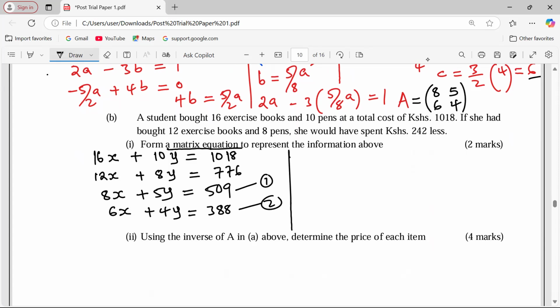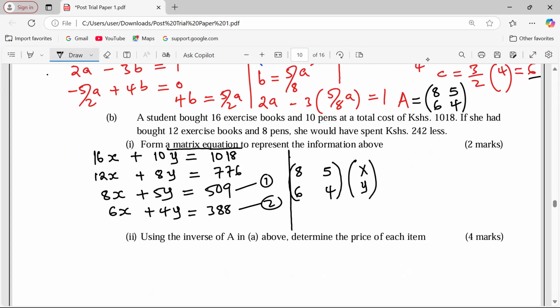So with this, we can now form what we call the matrix equation. This is a linear equation and it is not the one being marked. Now we are marking the matrix equation, whereby we take the coefficients to form what we call the coefficients matrix. From the coefficients, we have 8, 5, 6, 4. This one is called the coefficients matrix. Then the variables here are x and y.